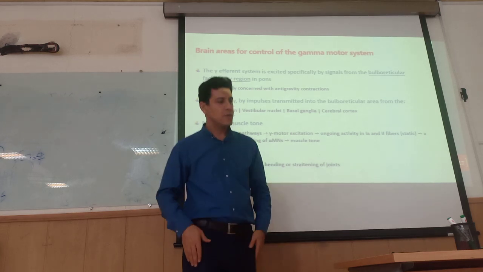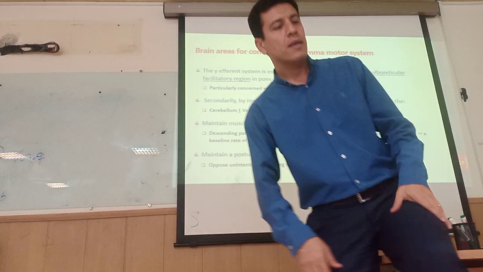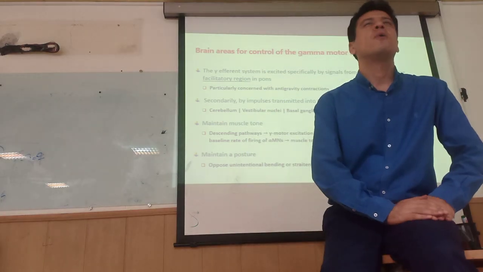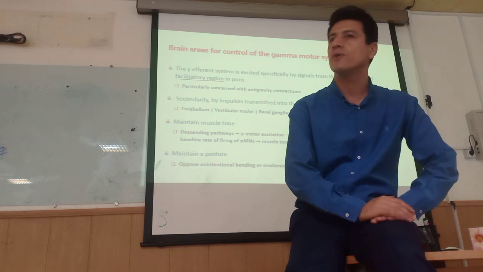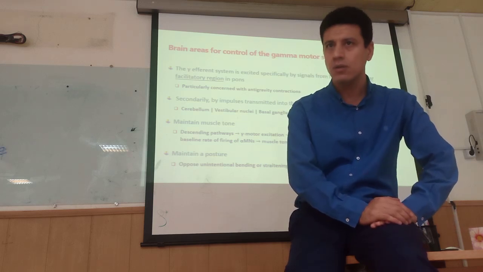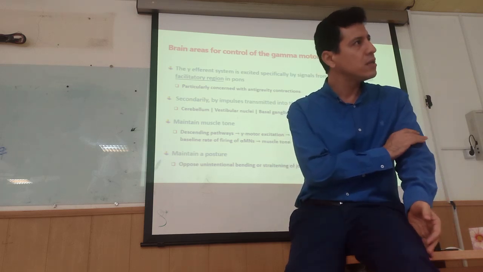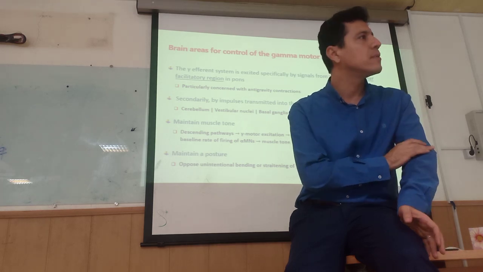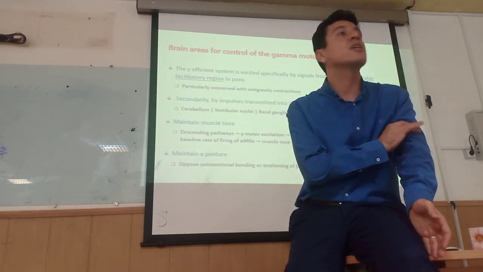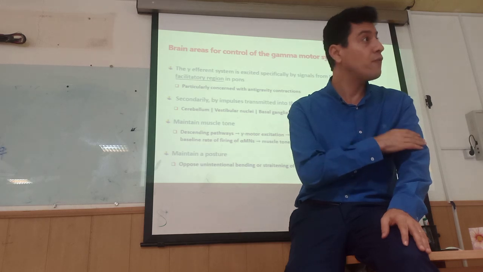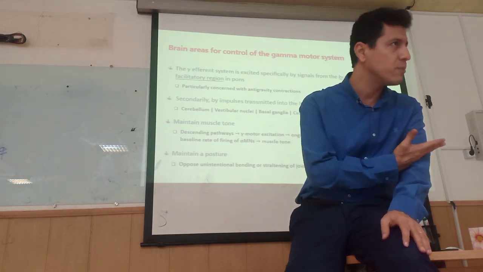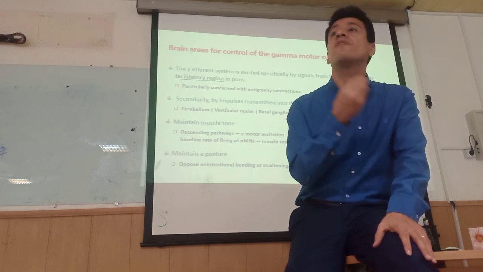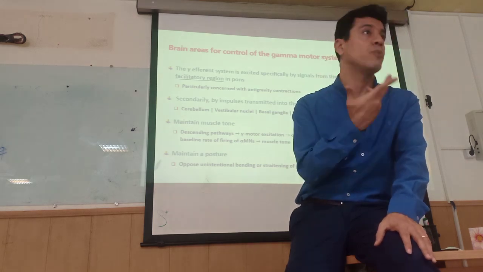Did you get this? Tone of the muscle is the partial contraction that we have in our muscles when we don't move, when we don't have any active contraction. So if you touch your muscle, it's not so loose, okay? And it's not contracting also. But you feel some degree of stiffness. We call this tone of the muscle.